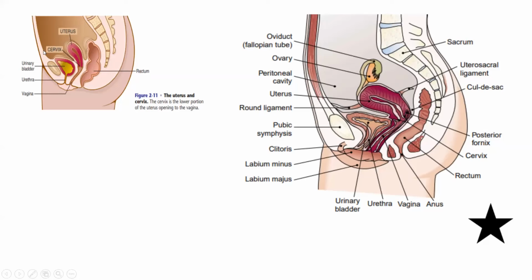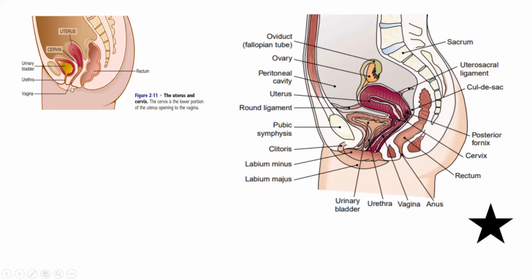Again, in this diagram, if you look, we have the pubic symphysis, urinary bladder, uterus, and rectum. Then we have the urethra, the opening for the urinary bladder, the tube and opening. Then we have the uterus, then the vagina, and then the vaginal opening. Then we have the rectum and anal opening.